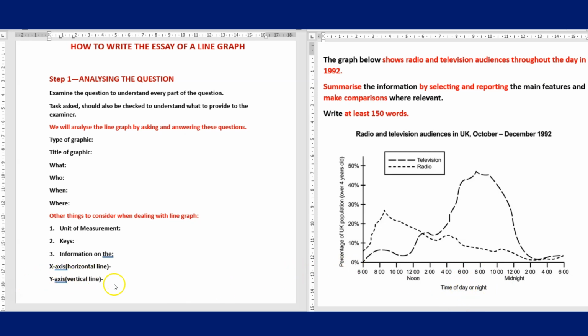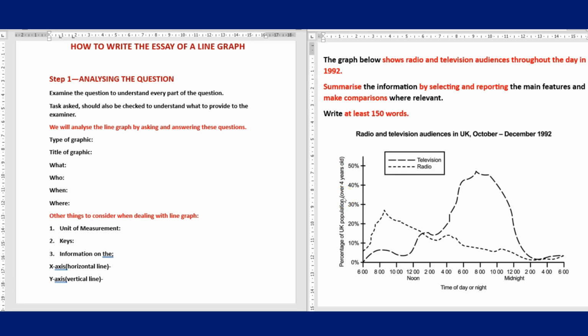If you take the information on the y-axis, it actually shows what? The percentage. So let's read the information here. It tells us percentage of UK population. So you know that the audience is in percentages. Okay, so this is 10% of UK population, but it doesn't end there. It said the population over 4 years old. So it's not about those that are below 4 years.